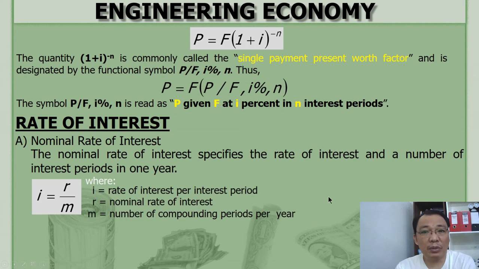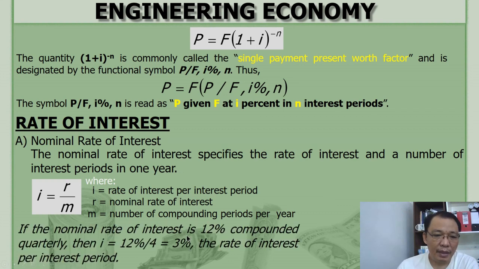For example, twice a year is called semi-annually. Quarterly is 4 times a year, per quarter. Monthly is 12 times.